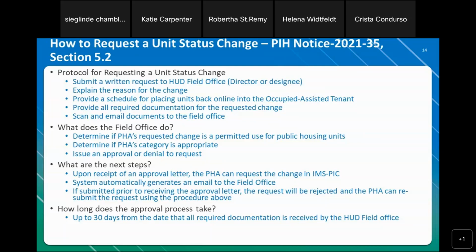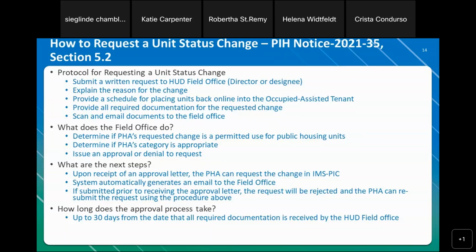What will be the next steps? Upon the receipt of the approval letter, the PHA can request a change in PIC, and then the system automatically generates an email to the field office that you have requested the change. And if submitted prior to receiving the approval letter, the request will be rejected and the PHA will have to resubmit the request, and it just adds length of time.